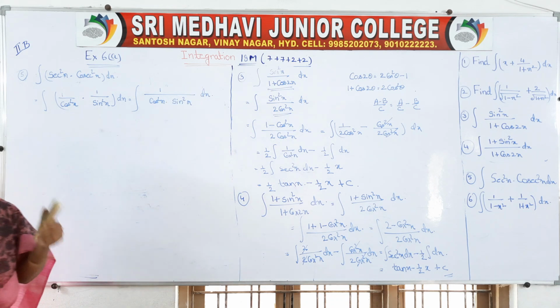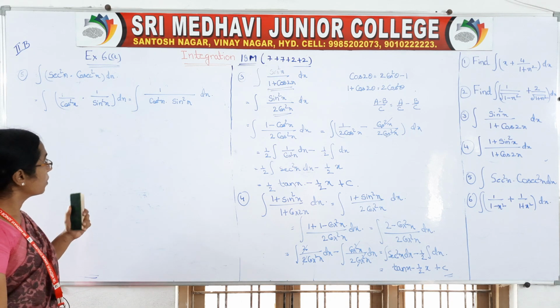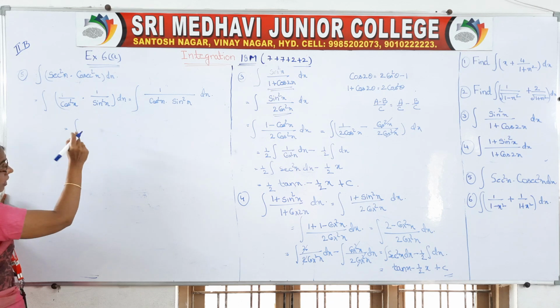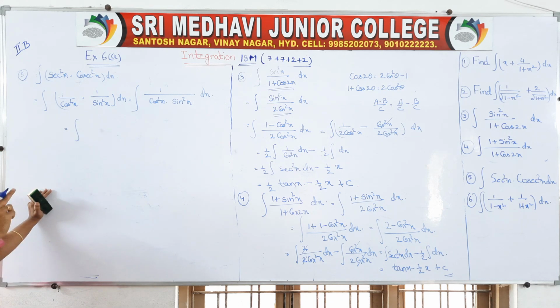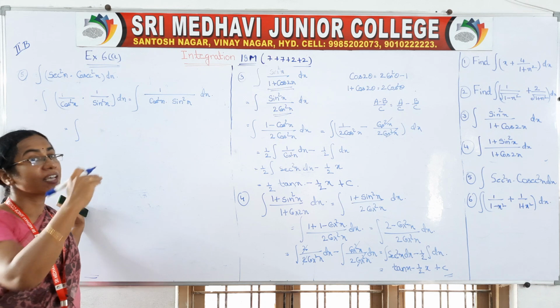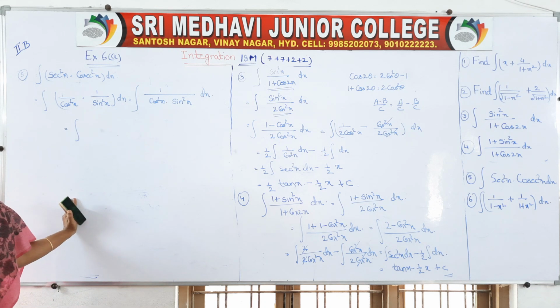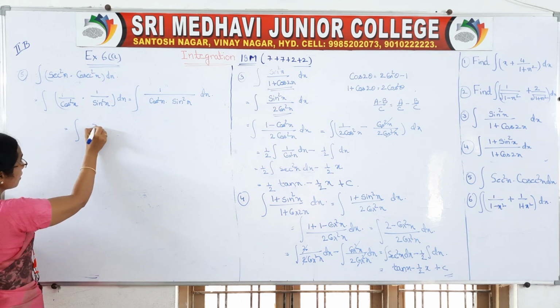Till now it is not in our standard form, so we have to get into our standard form. How will we get it? The downward value is in terms of cos square x and sin square x, and upward we have 1. So by using 1 we can write an identity formula. What is our identity formula?